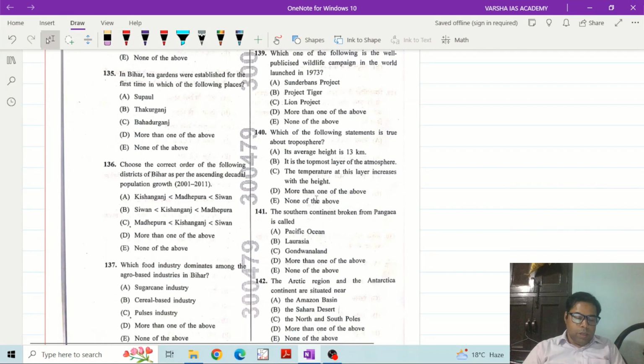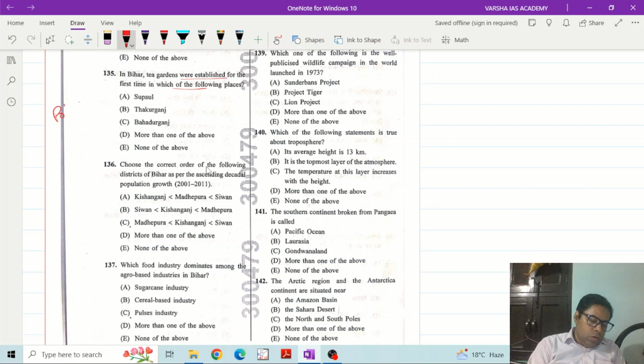Question number 135. In Bihar, the tea gardens were established for the first time in which of the following places? It was in Pothia and Thakurganj, right?